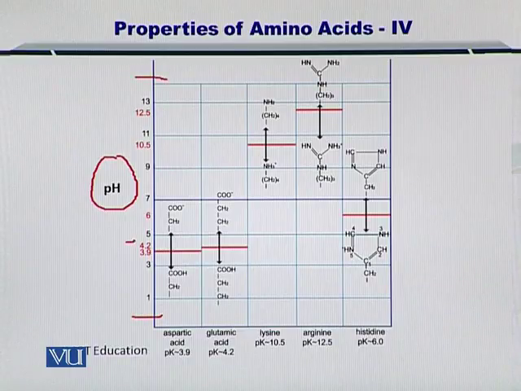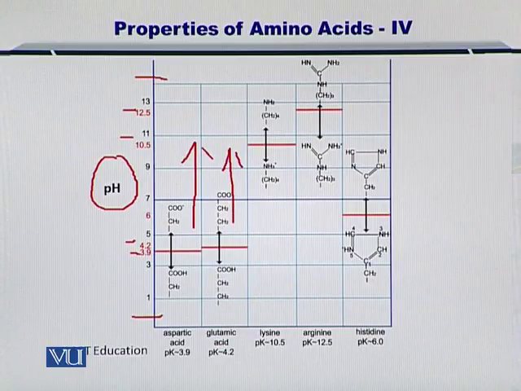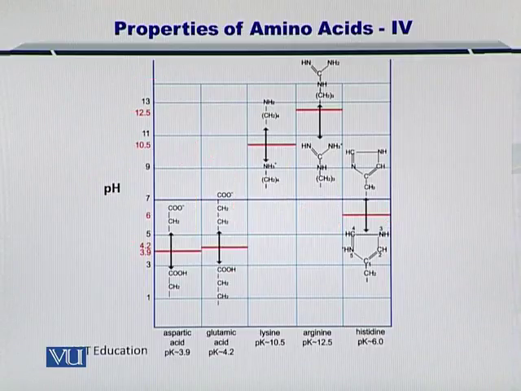And here, in the red, we have the pH values which were the pK values for these amino acids. So once the pH is increased, the charge state of each amino acid changes. For the positively charged amino acids, if the pH is reduced, the charge state will differ. So this is a very nice elaboration on the behavior of these charge states as the pH varies.